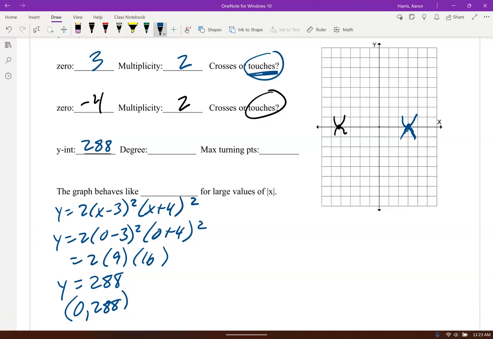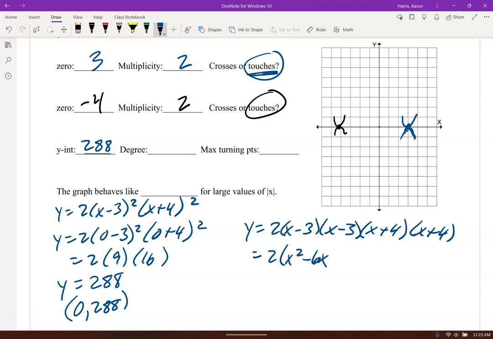What is our degree? Well, if we multiply this out, we'd have 2, and this would be x squared minus 6x plus 9. This would be x squared plus 8x plus 16.